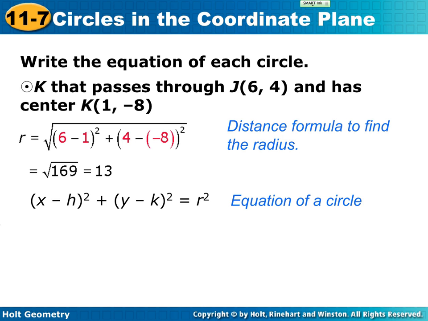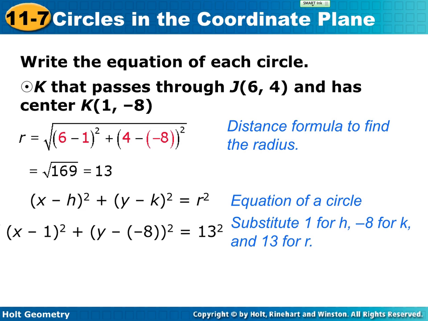So 13 was the radius. I'd do a little bit of simplifying if I were you. Instead of y minus negative 8, let's make that y plus 8. And the 13 squared is 169.